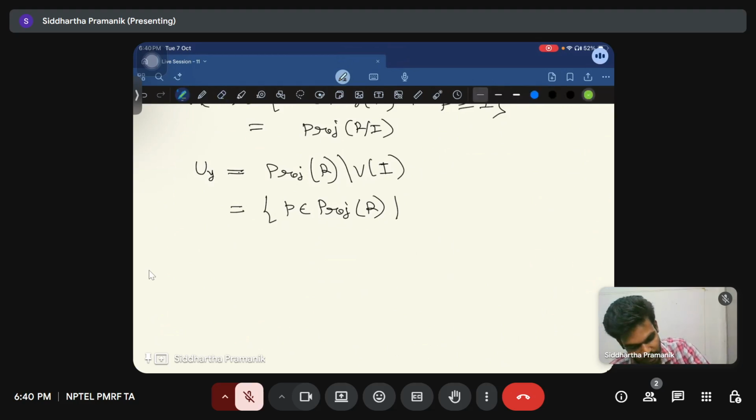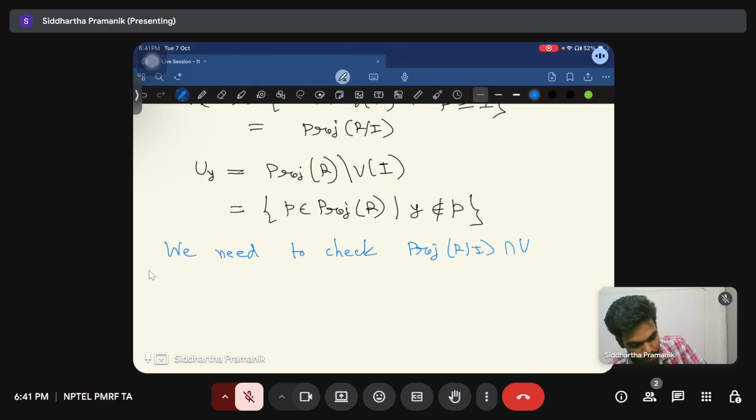So this is just all those prime ideals such that y does not belong to P. So we need to check whether Proj of R mod I intersection U y is empty or not.